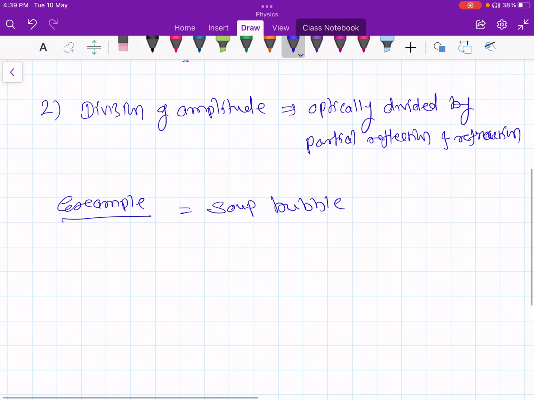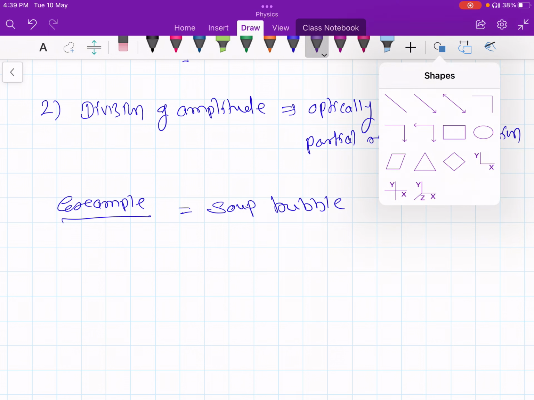So let us first draw the diagram of the thin film.